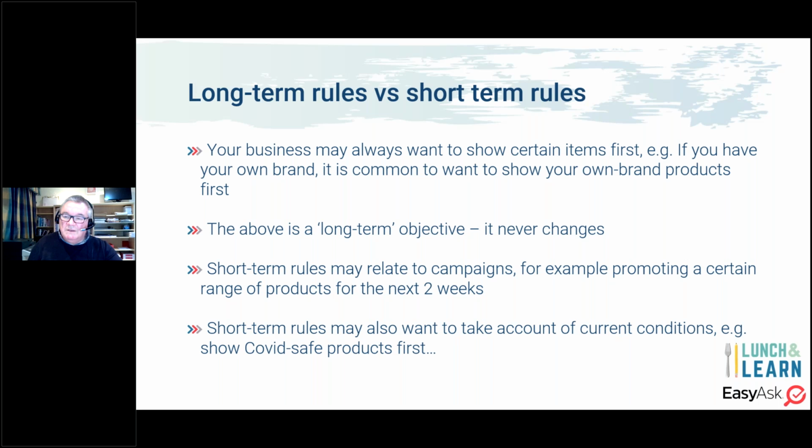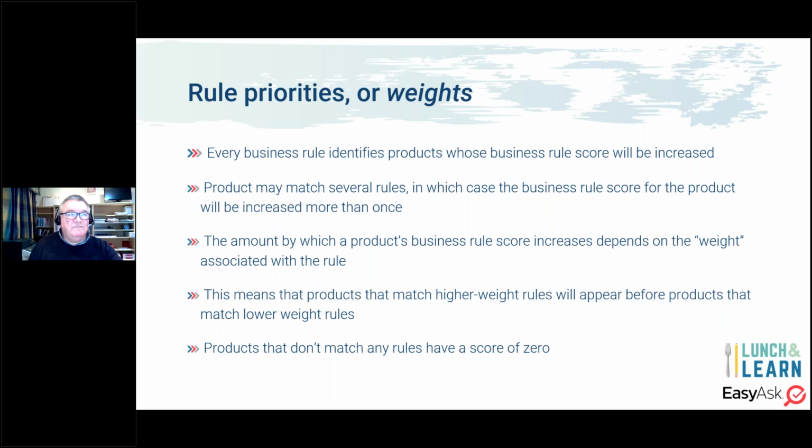And the rules can have relative weights or priorities. The way that EasyAsk business rules work is that they identify products that you want to promote, and they do that through the EasyAsk natural language query system.